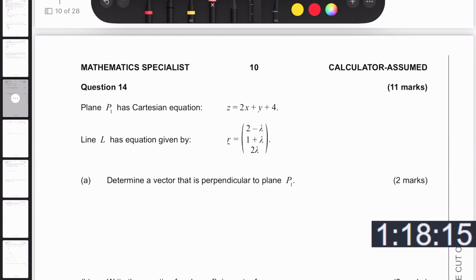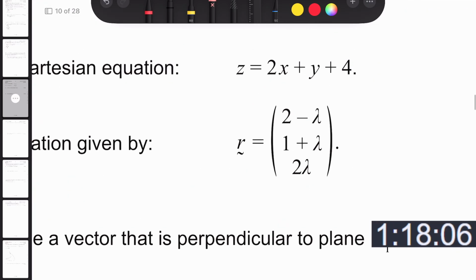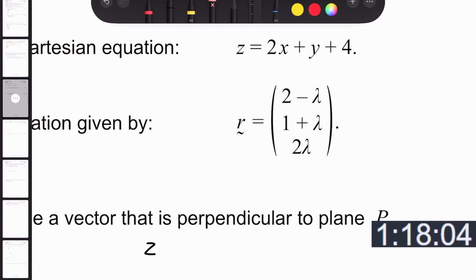Okay, plane P has that equation, determine a vector that's perpendicular to plane P. So, let's say that z minus 2x minus y equals 4.